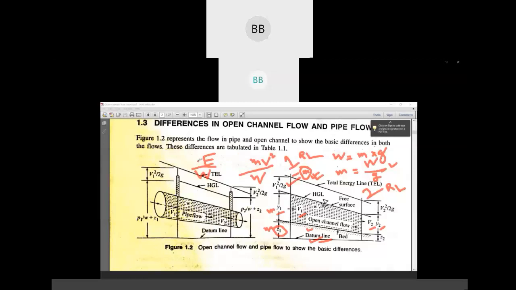That's why kinetic energy head is called v square by 2g. I think you people have studied Bernoulli's theorem. There also you used to write v square by 2g. So this is the derivation from where v square by 2g came.